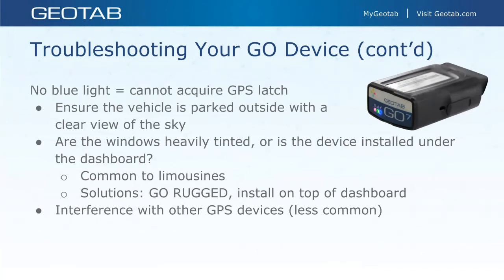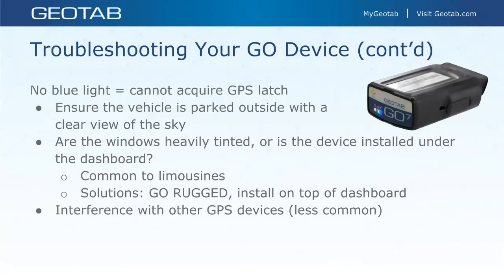Some possible solutions for that is to use the Go Rugged, which you could actually install on the outside of the vehicle if you wanted to, or you can take your Go device and install that on top of the dashboard if it's under the dash and it's not able to send its signal out.